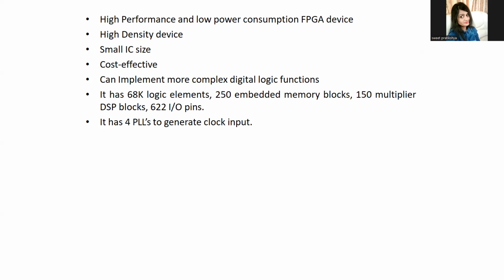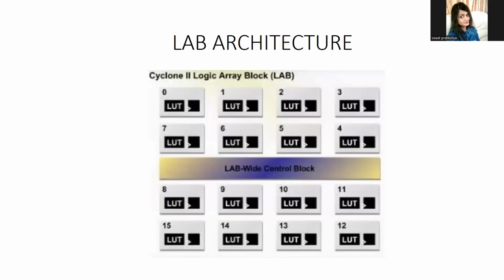By using the phase locked loop. In total it has 4 PLLs, which can be used for maintaining timing constraints and also for timing applications like communicating from one end to the other. So these are the key features of the Cyclone architecture that we are using for academic and industry projects.